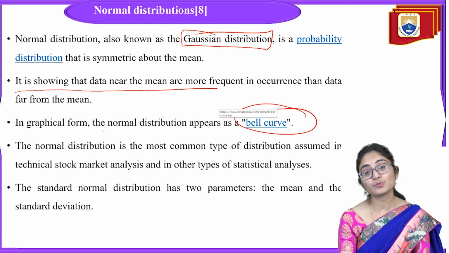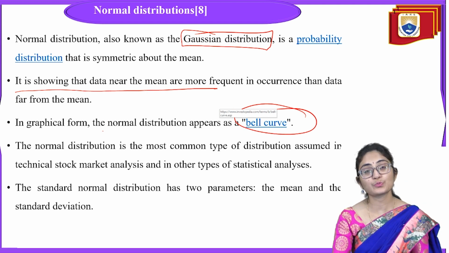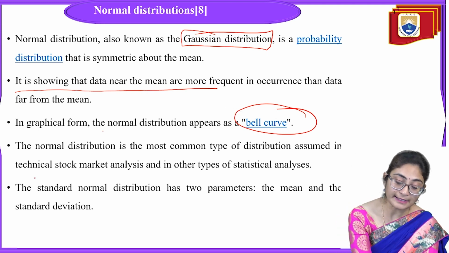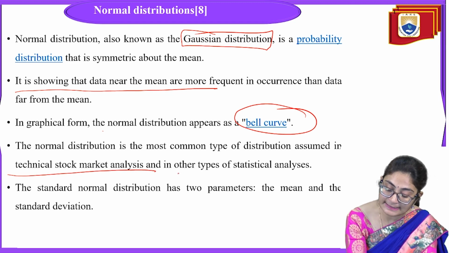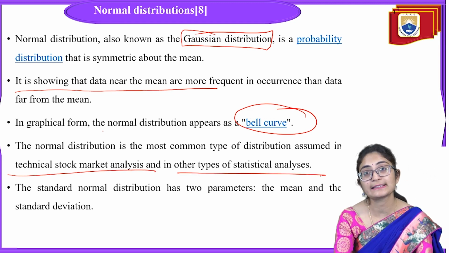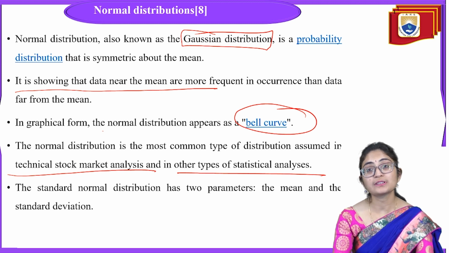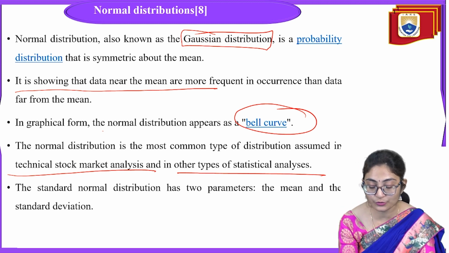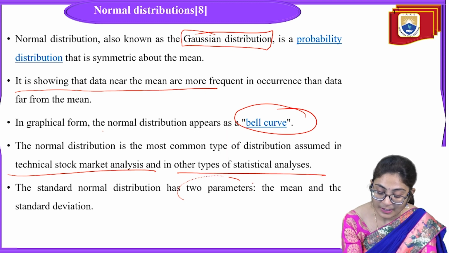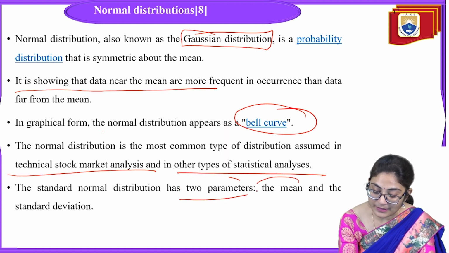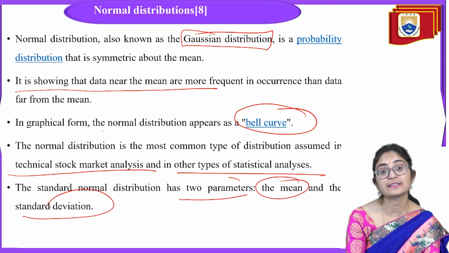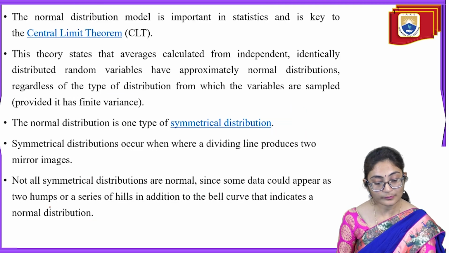Generally, normal distribution is a common type of distribution which is assumed in technical stock market analysis and in other types of statistical analysis. The standard normal distribution generally uses two parameters: first the mean, and the other one is the standard deviation.